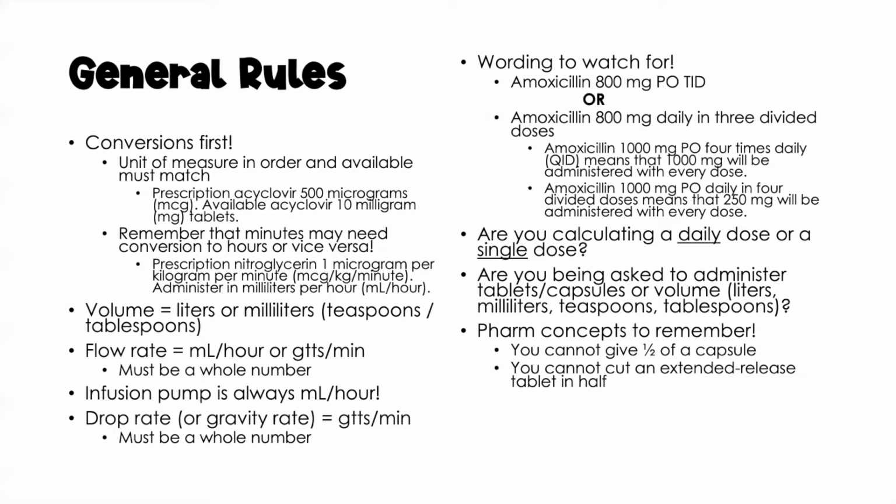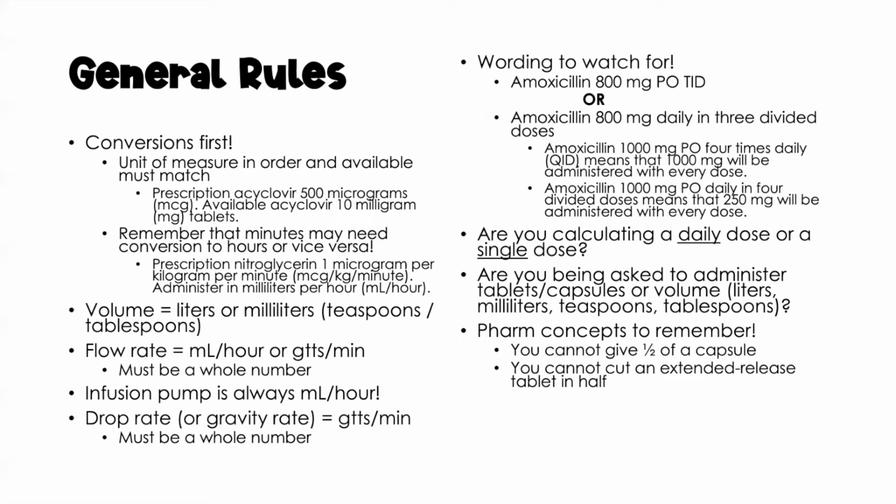However, let's look at this next order. Amoxicillin 800 milligrams daily in 3 divided doses. Now that means that you're going to give 800 milligrams in 24 hours, but you're going to have to give the doses divided. So you're going to take your calculator, and 800 divided by 3 is about 267 milligrams.